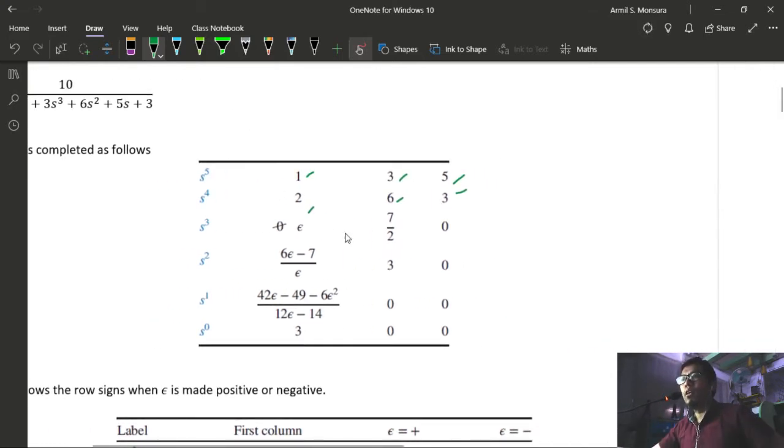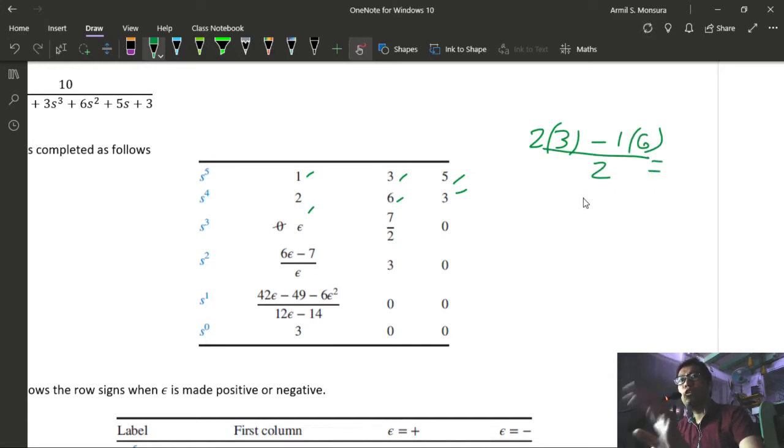Now evaluating ito, we will have 2 times 3, minus 1 times 6, divided by 2. So this is 6 minus 6 over 2, that's 0.